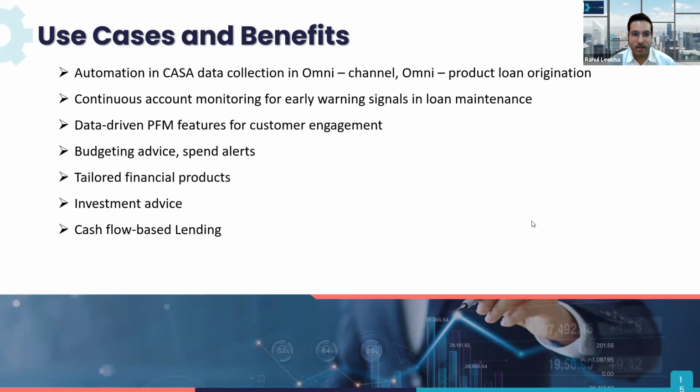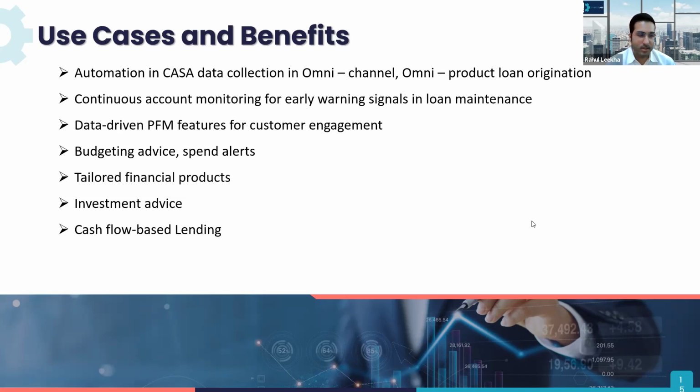Then there are also data-driven portfolio management features, personal finance for customer engagement, right? That is also something quite interesting to do, precise, individual-sized, data-driven. For example, you understand somebody shops at Reliance, and they pretty much enjoy doing that.